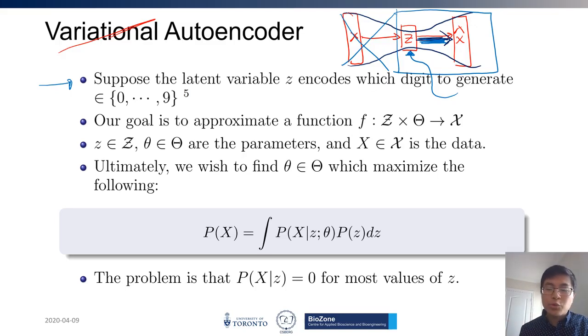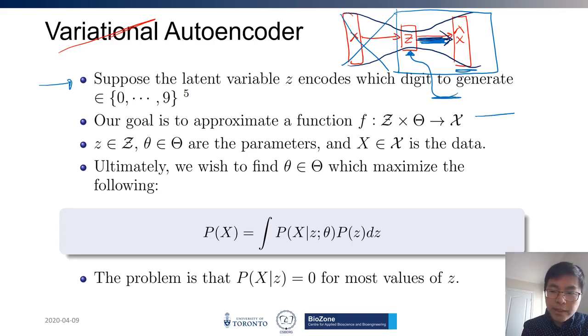There are other examples where we can generate actually these high resolution images of faces. So this is our goal, to approximate this function map from our latent code to our data space.